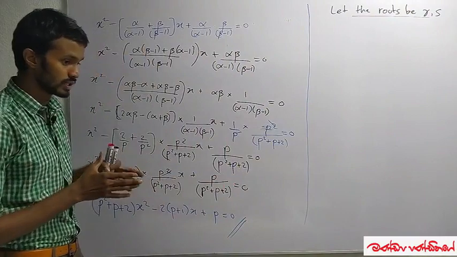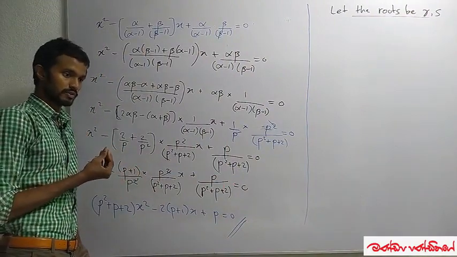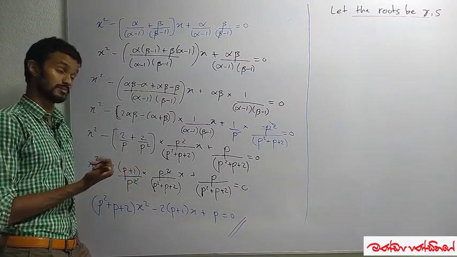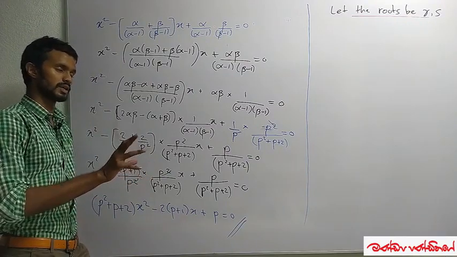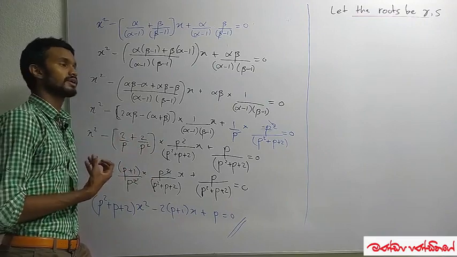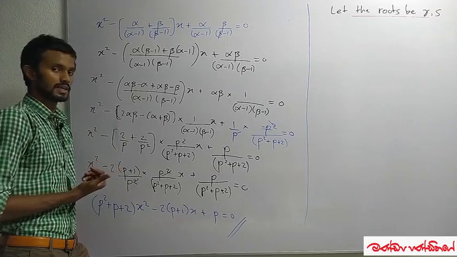I know when they're asking us to show that the roots are positive, you may think if the roots are positive, the product should be positive. If the roots are positive, which means the product of the two roots is positive. It is correct. But not only when the roots are positive do we get the product as positive.